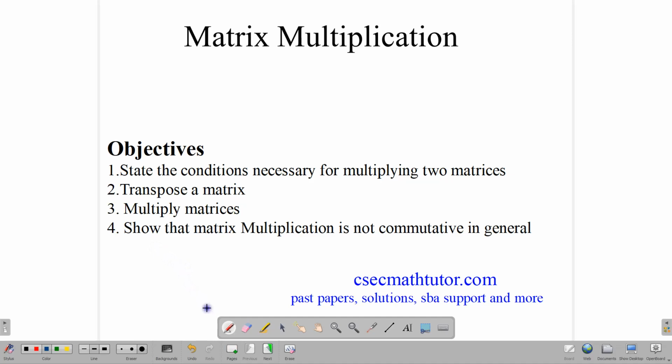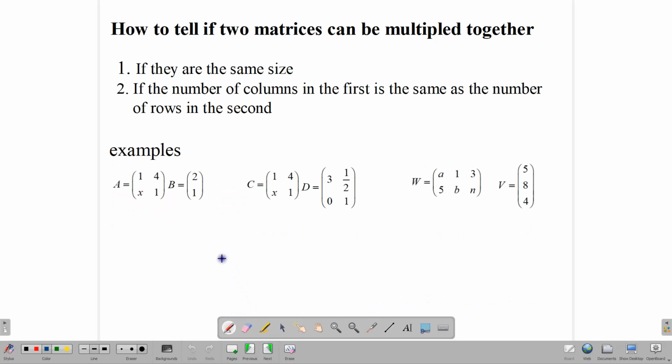So first up, what are the conditions necessary so that we can multiply two matrices together? Well, if we want to know if two matrices can be multiplied together, the first thing we can look at is their size. If they are the same size, that guarantees that those two matrices can be multiplied together.